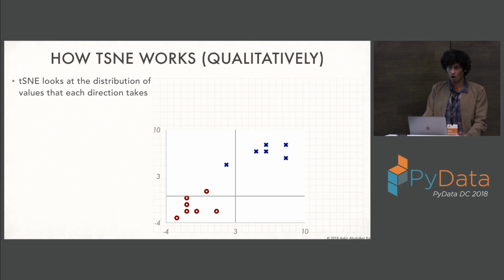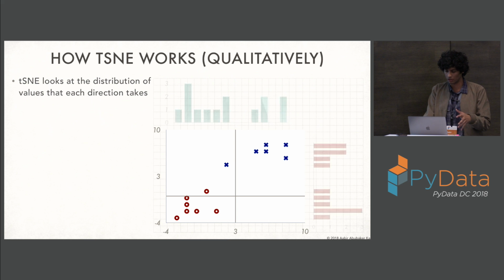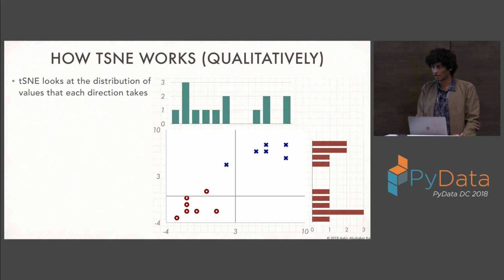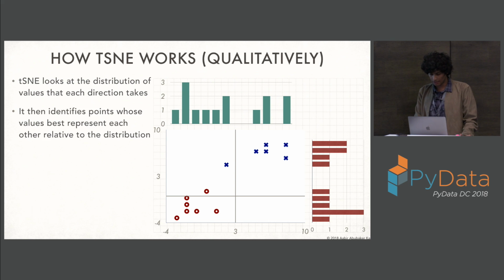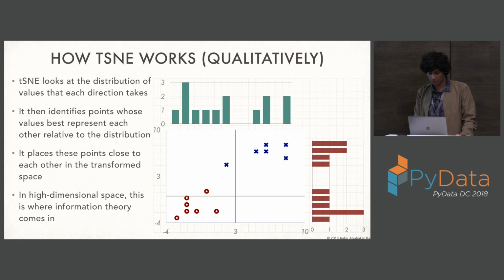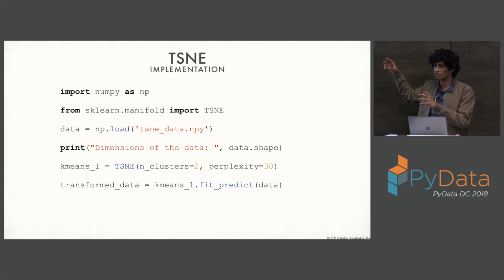Just some raw intuition on how this works, which I hope might help, is to look at a histogram of the distributions of these points along each of these axes. And then to say, hey, it looks like these two points explain each other well because they're close to each other.